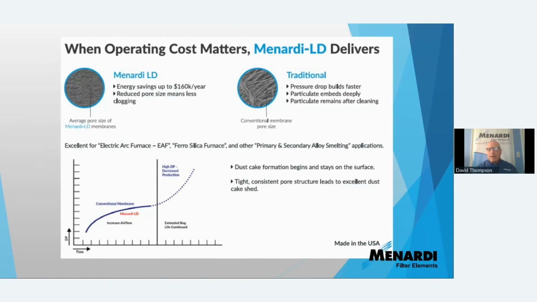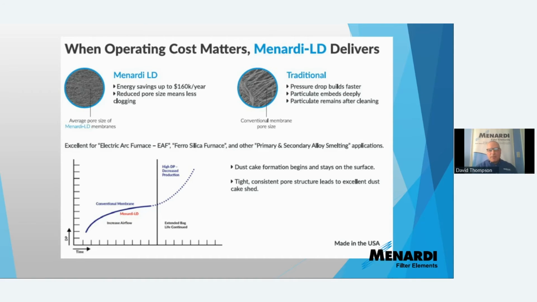Menardi now has our LD membrane installed in all of these industries, and in other applications where we're trialing it right now. We're trialing it in oil and gas. It has performed quite well and has outperformed our old standard membrane and our competitor's standard membrane.